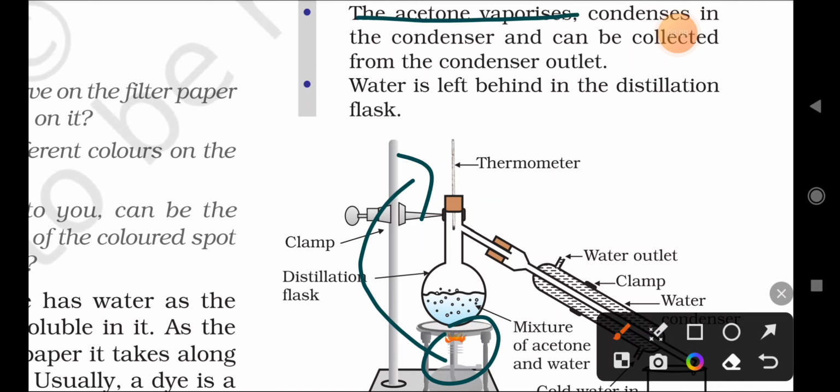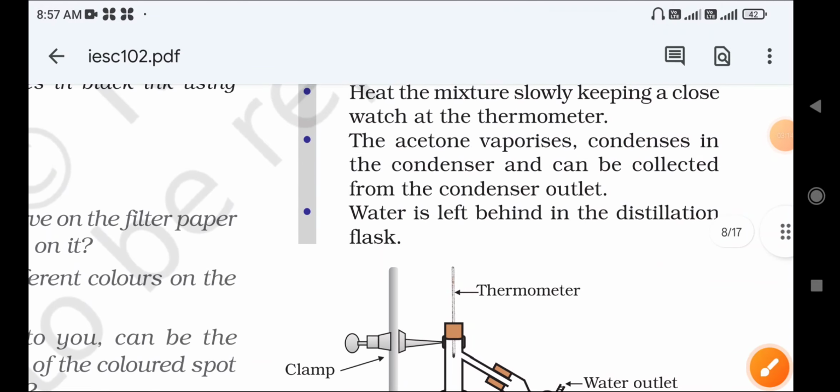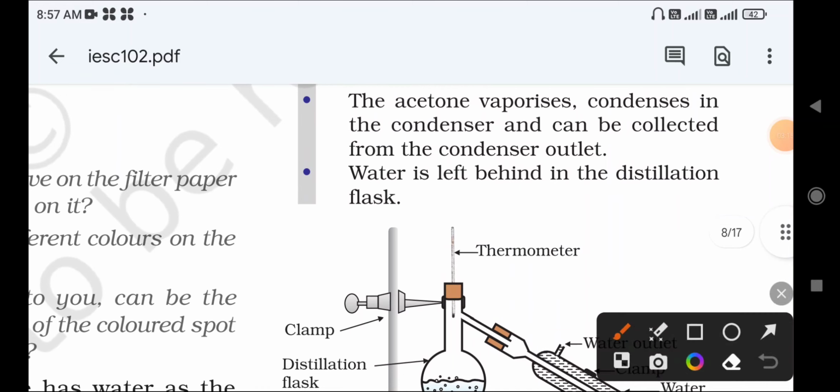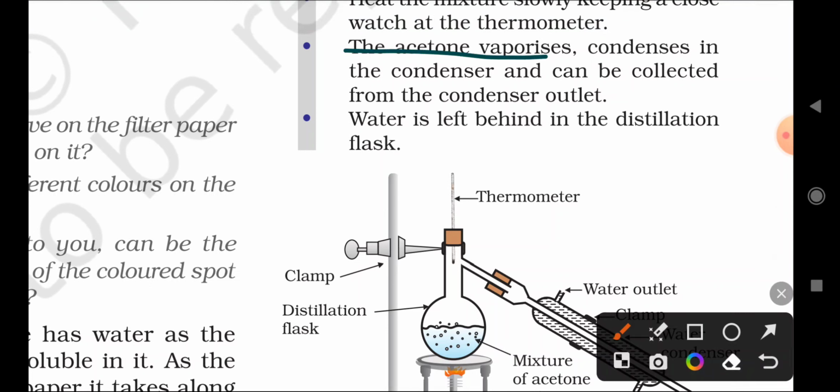The acetone vaporizes and condenses. As we start heating the solution of water and acetone, the acetone starts vaporizing, and it will condense in the condenser.